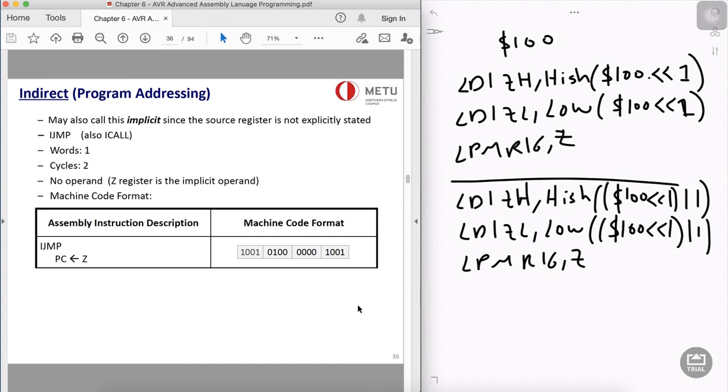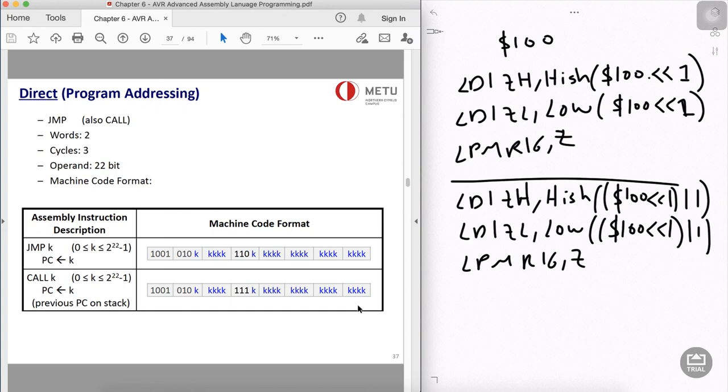Now, we can also call this implicit, since the source register is not explicitly stated, but it's IJMP. So it's like a jump, but it's an implicit jump. So we don't know where to jump. It's hidden over there. Again, it's one word and 2 cycles. There are no operands. So in that case, the Z register is the implicit operand. So whatever we have got in the Z register, it has to jump based on that.